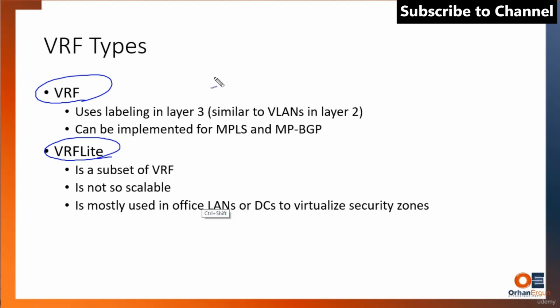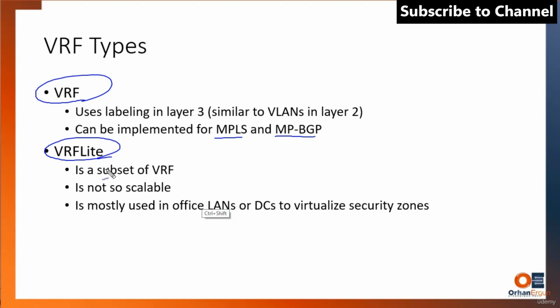When you have VLANs, you add some tags to that to make sure that you know this traffic belongs to which VLAN. And VRF uses labels, again, exactly the same as what we use tags in VLANs. The VRF is implemented in MPLS and multi-protocol BGP. So when you use VRF, as a matter of fact, you are talking about VRF with MPLS most of the time.